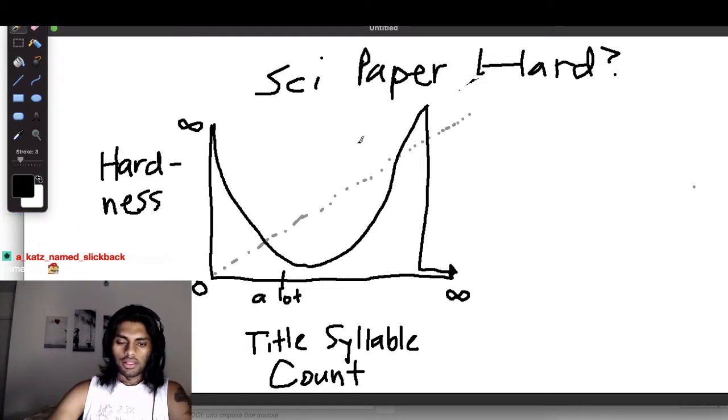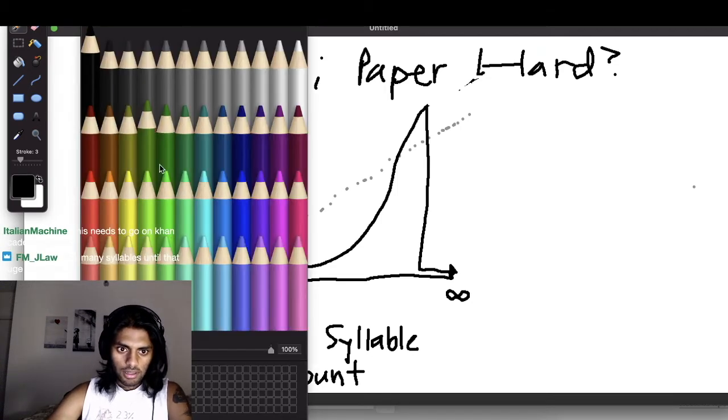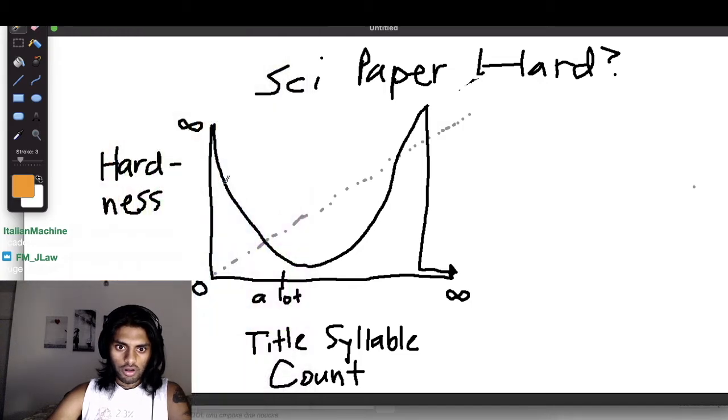So, allow me to explain this. At the very edge is the low syllable counts. You'd think, you know, let's get a negative Nancy. She's like an orange. She's definitely an orange. At the very edge, you have Nancy.